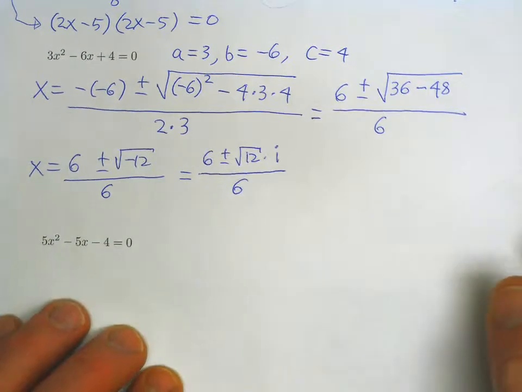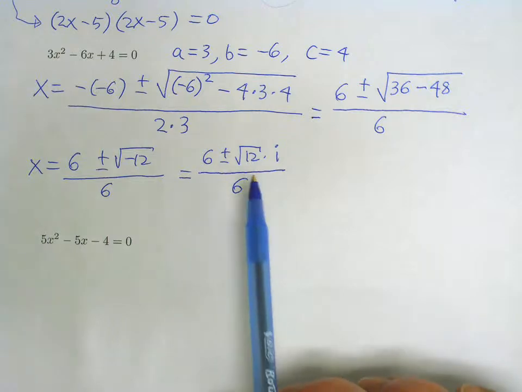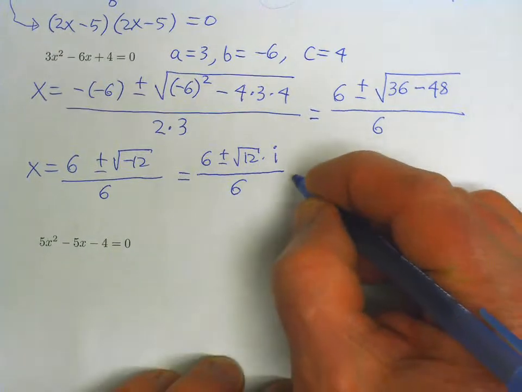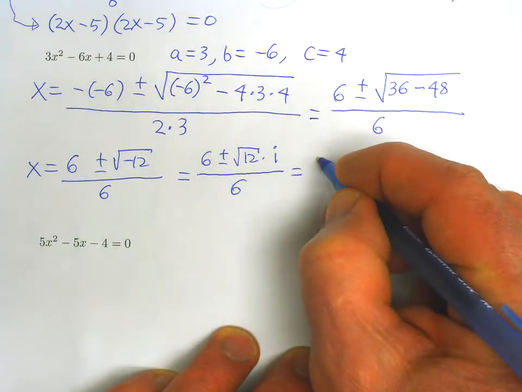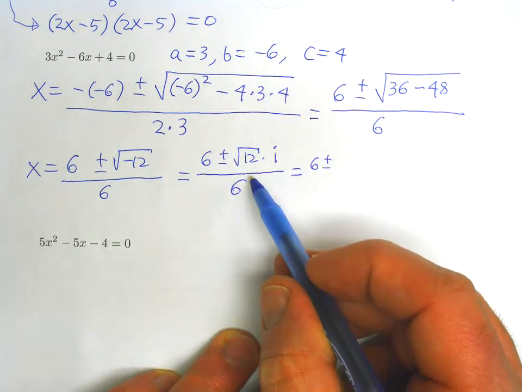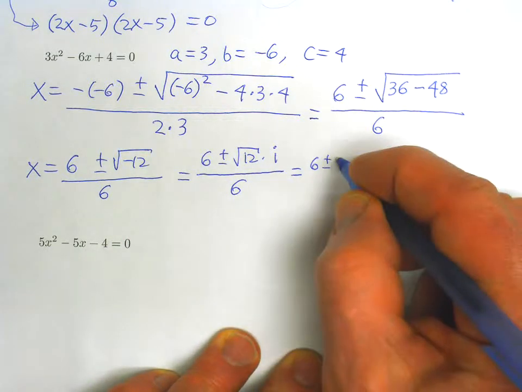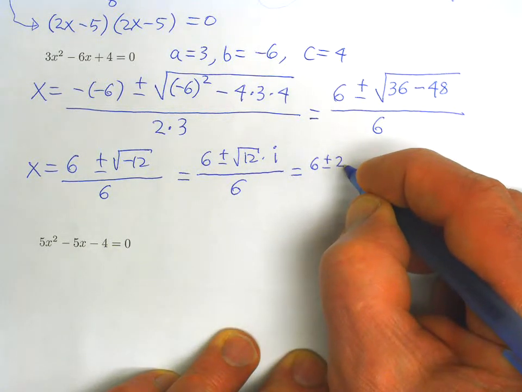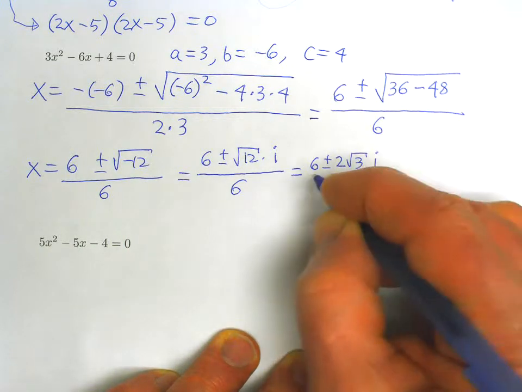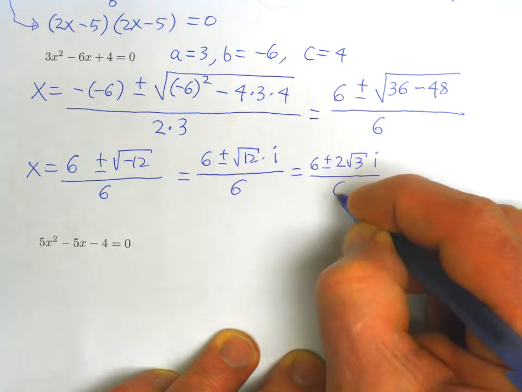And we can simplify the square root of 12. The largest factor of 12 that's a perfect square is 4. 4 times 3 is 12. So we can write this as 6 plus and minus, okay, the square root of 4 is 2. So 6 plus and minus 2 times the square root of 3 times i, all divided by 6.